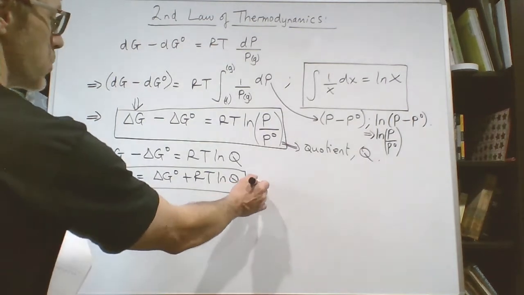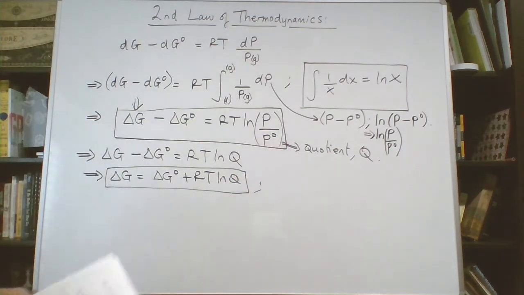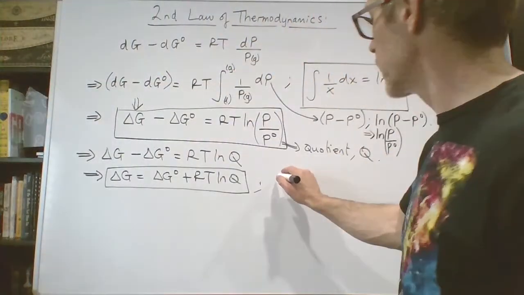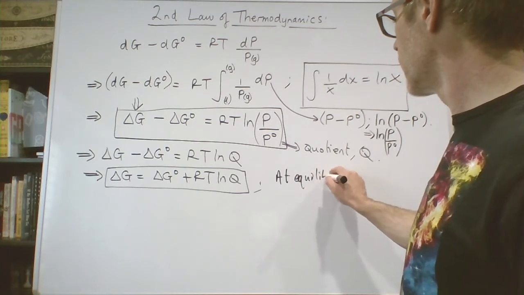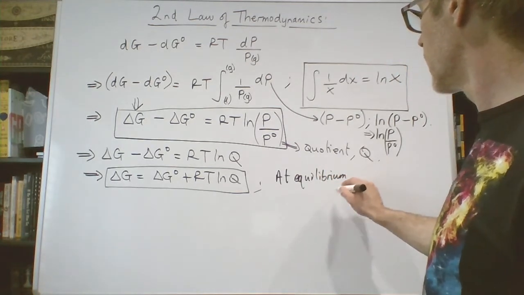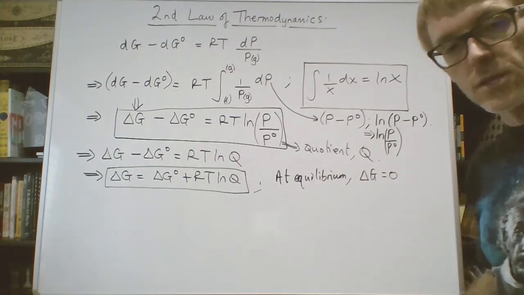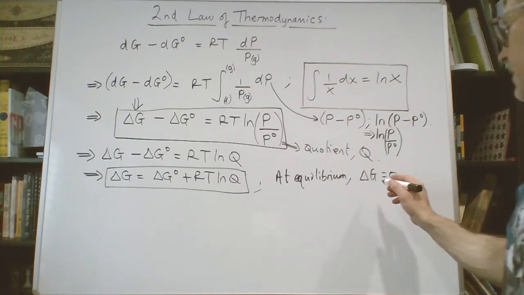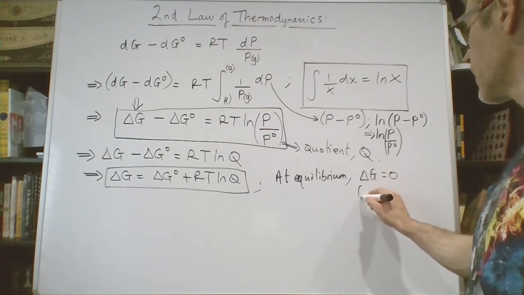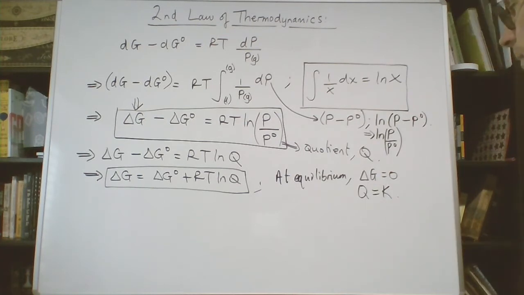And we can take this one step further. We can consider equilibrium conditions. At equilibrium, we know that delta G is 0 by definition. So delta G is 0 at equilibrium, and we know that Q is equal to K at equilibrium.